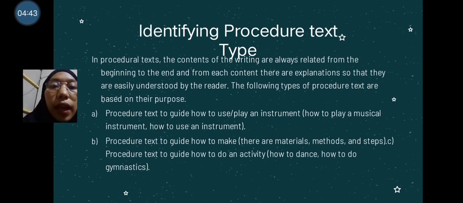A, procedure text to guide how to use or play an instrument, such as how to play a musical instrument, how to use an instrument, and so on. Then B, procedure text to guide how to make something. There are materials, methods, and steps. C, procedure text to guide how to do an activity, how to dance, how to do gymnastics, and so on.